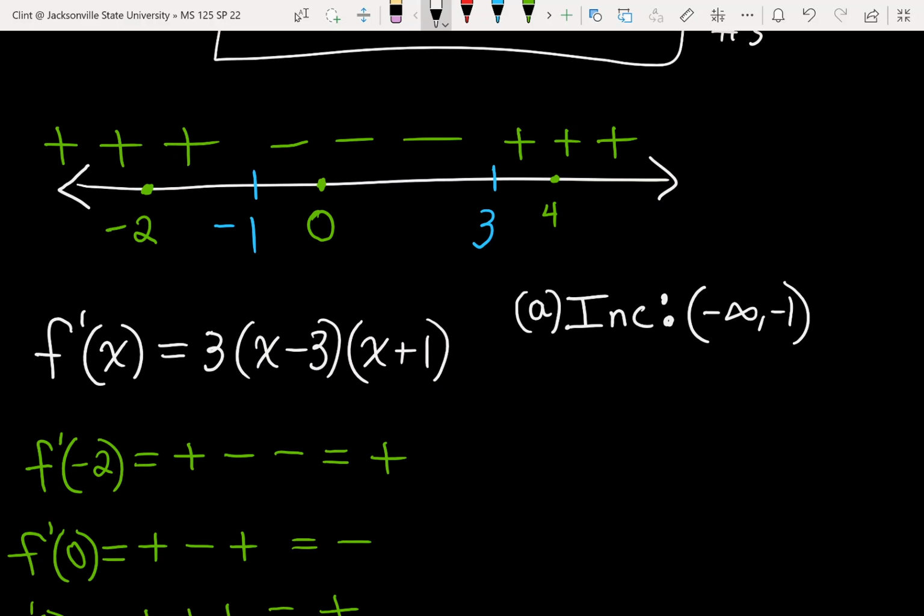And then what was the other one? 3 to infinity. So we're just writing down those portions of our number line, and then we're decreasing where? Between -1 and 3. Those are the answers for part A.